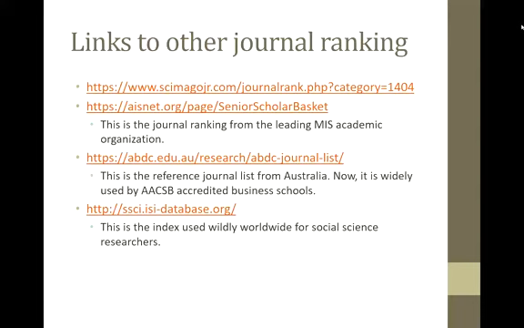Since it's a guideline or standard used to evaluate journal ranking, they rank the journals from A star, A, B, and C. So if you can find the journal in those rankings, and you know their relative strengths and weaknesses, then you will find it very useful. And this particular ranking is wider than the AIS ranking, because it does not focus on information systems only.